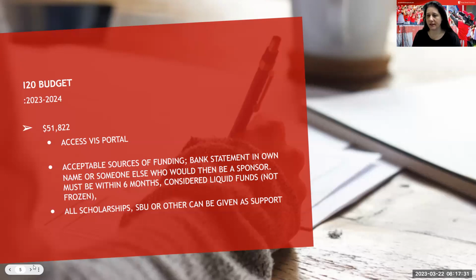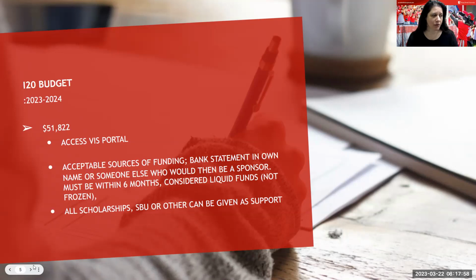In order to receive that I-20 from Stony Brook, you must, one, have already submitted your deposit to Stony Brook. We will not issue that I-20 without your deposit. And two, you need to show proof of funding, minus any scholarships you have received. That includes your Stony Brook scholarship as well as any other outside scholarship.